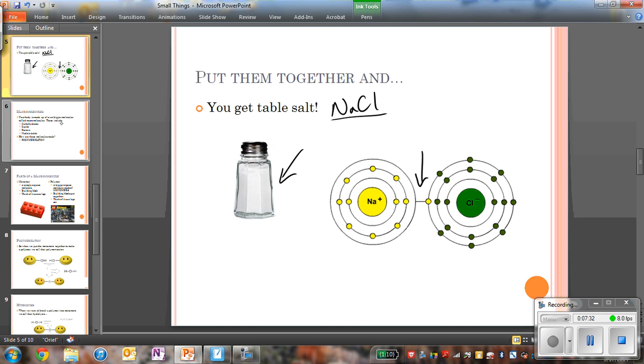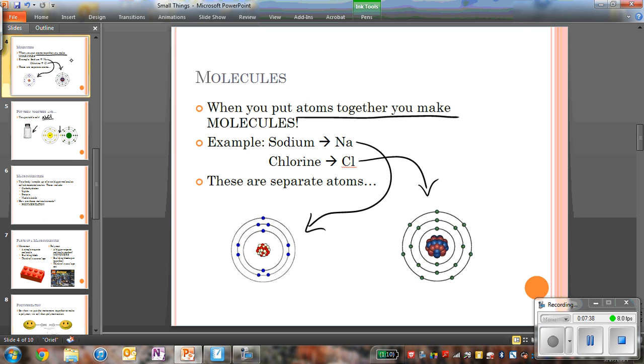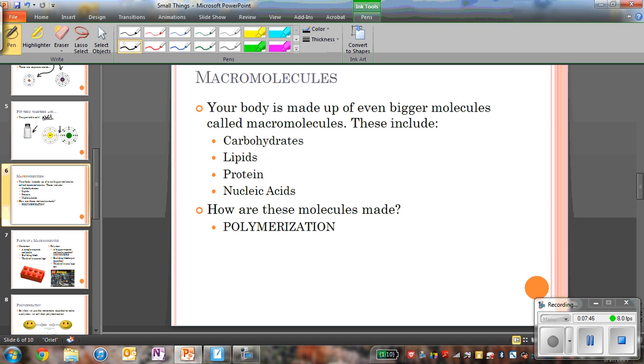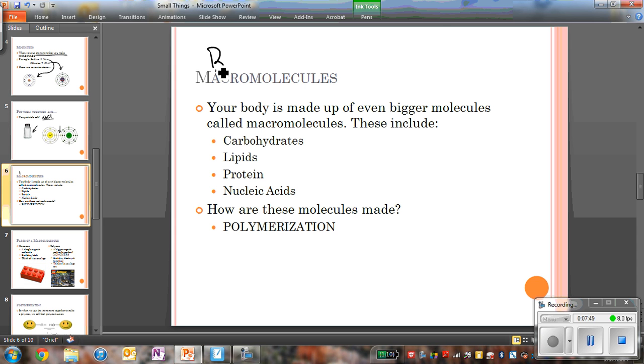So what we like to think about here is maybe something a little larger in scale. So we've got molecules here. We just talked about molecules. Molecules can be small or large, but since your body is so big, you are made of what are called macromolecules. And macromolecule means big molecules.